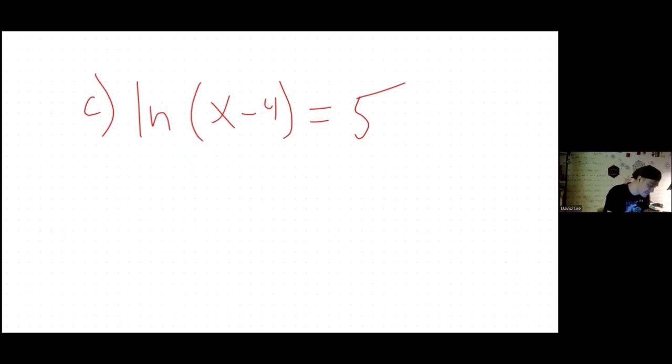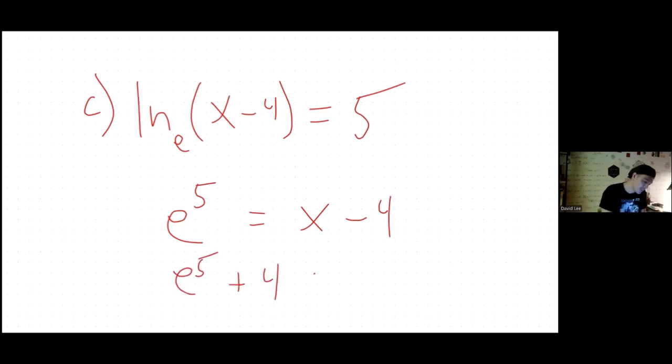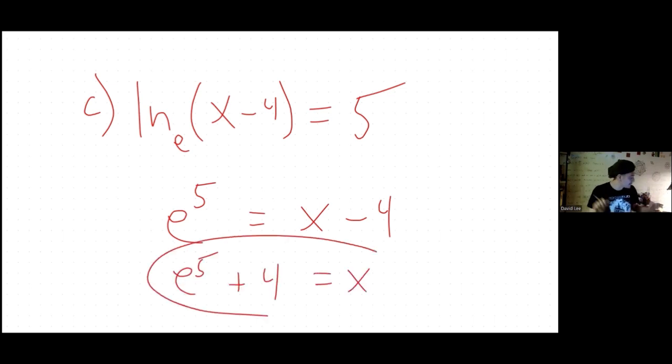If it's natural log, it'll 100% be a base of E. So go ahead and put an E right there. Now, convert this into exponential form. This would say E to the power 5 equals x minus 4. And then add 4 to the other side, and we are finished. E to the power of 5 plus 4 is equal to x. Done.